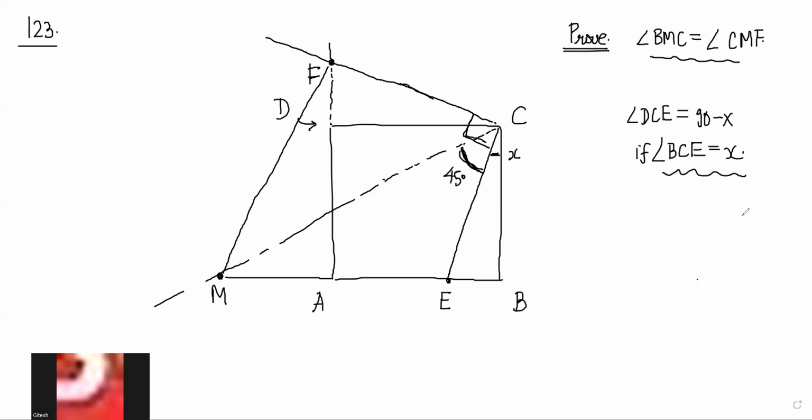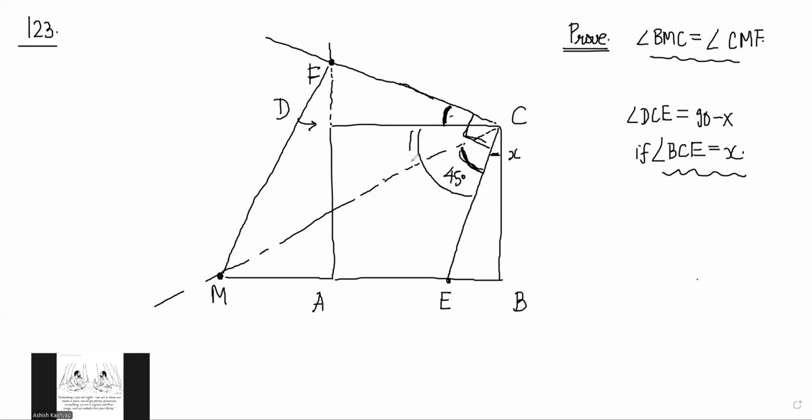Also, you can say that DCF, how much will that be? See, you can call DCE as 90 minus X, right?